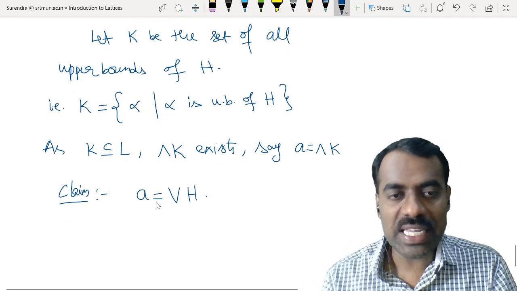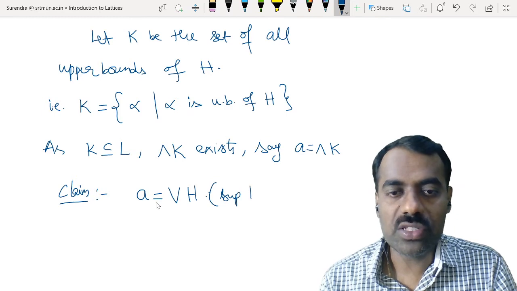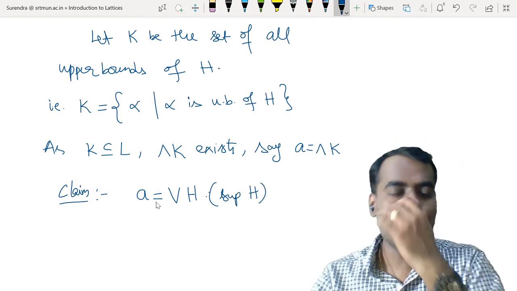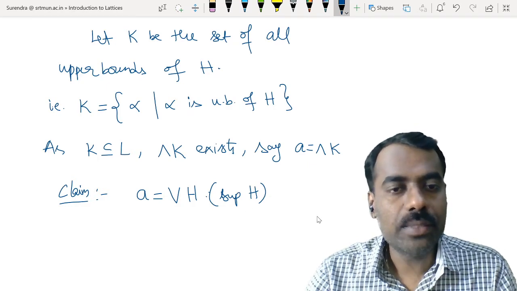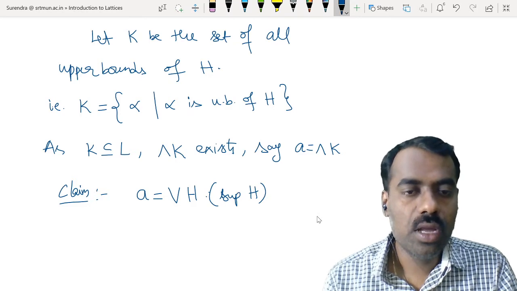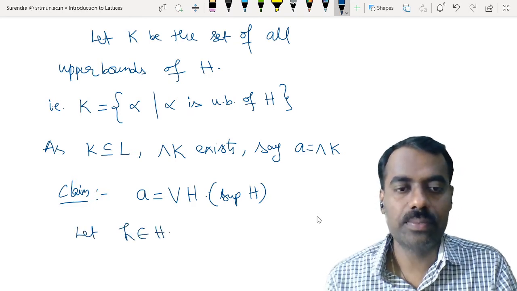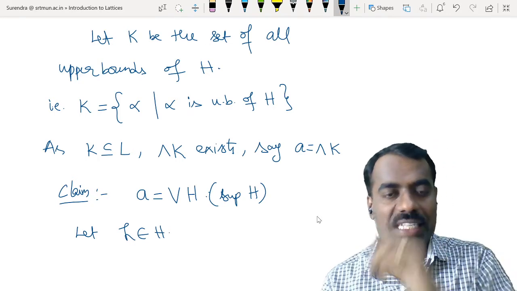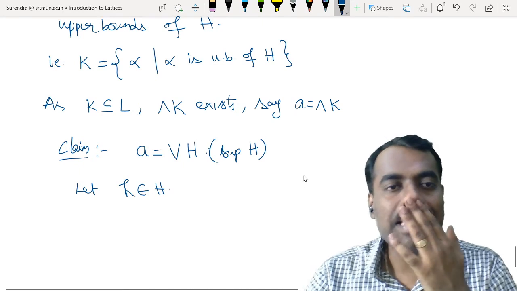So what is the meaning of proving that A is the supremum of H? You want to show that A is, first of all, an upper bound, and also the least upper bound, right? How will we prove that A is an upper bound for H? To show that A is an upper bound of H, let h be any element of H. How will we relate this?